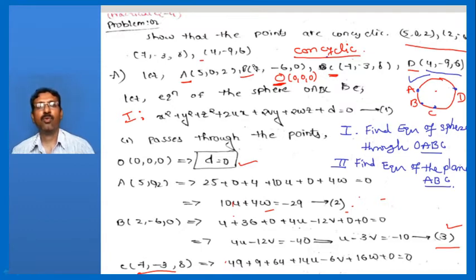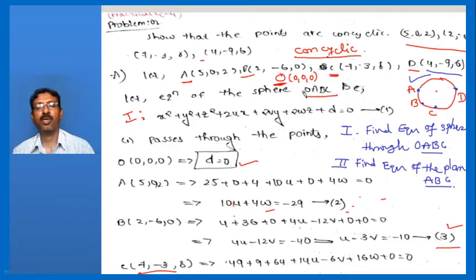So I have considered O, A, B, C, these 4 points. Now I am going to find the equation of the sphere passing through the 4 points O, A, B, C. I have not included the point D; I will come to the point D later.